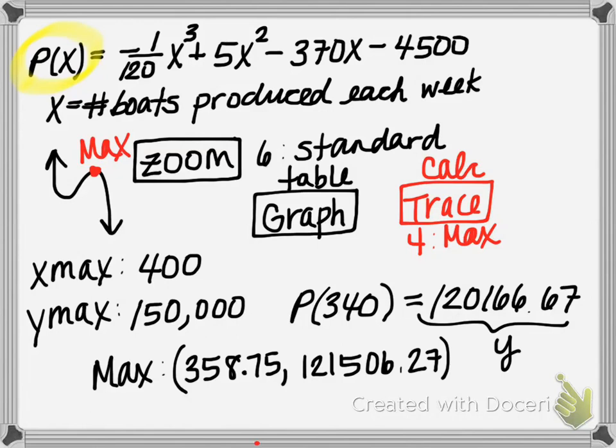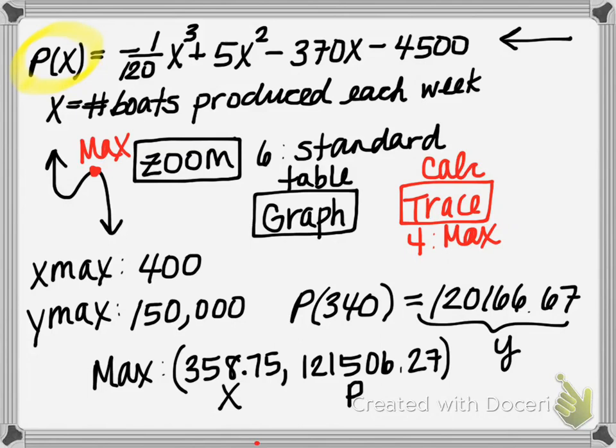So the maximum that you should have gotten off your calculator is an X value of 358.75 approximately, and then a Y value of 121,506.27. Remember though, the calculator is labeling these values as X and Y, but we have to go back and actually look at the function that we entered. The function that we entered was in terms of X, where X was the number of boats, so I can label the first value as X, but then the Y value is actually a P value.